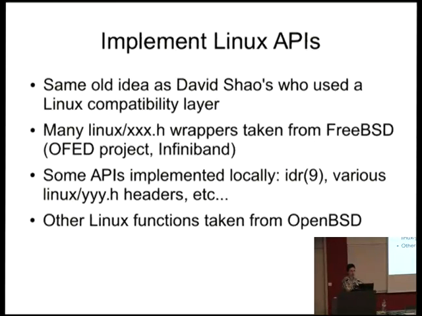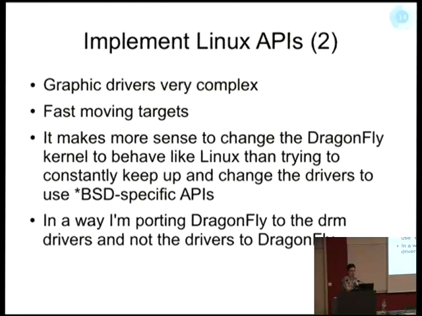So, in general, graphic drivers are very complex. About DRM in general, they're fast-moving targets.